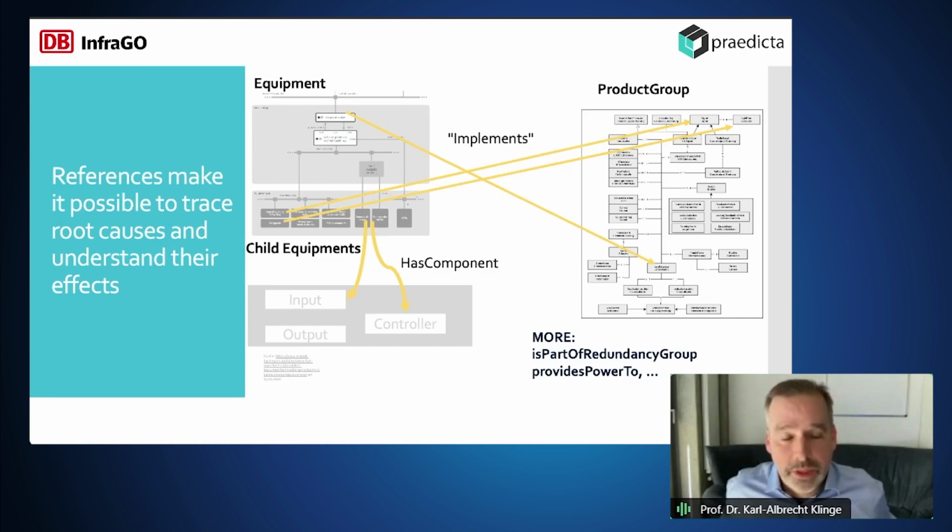But for example, if you set a route, then 100 product groups have to work together with a logical AND. And this is why you have to understand your system, and the non-hierarchical, functional references are key in understanding the root causes in a manufacturer-independent way, and doing this on a system-wide level.